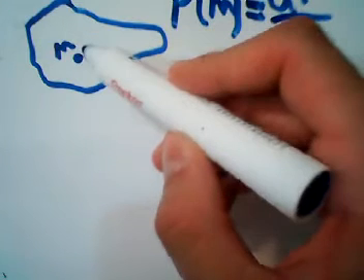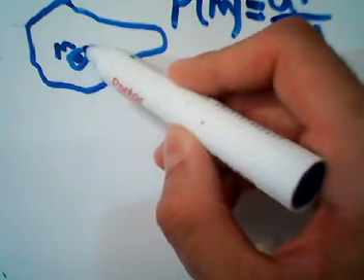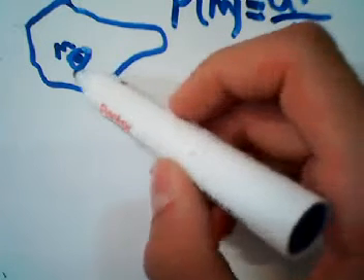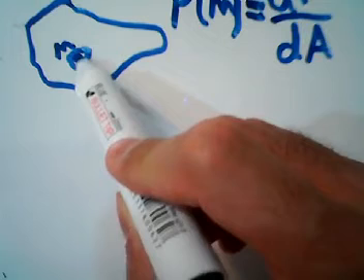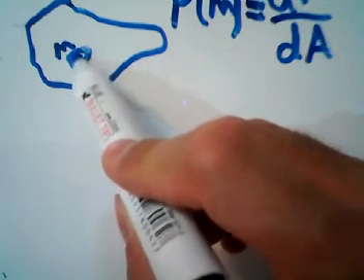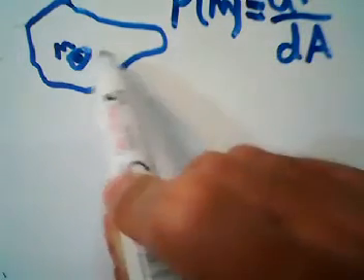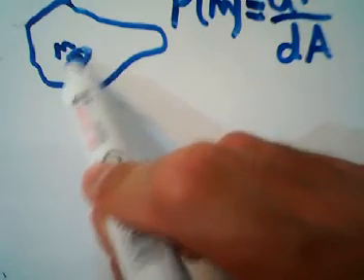Means take an infinitesimal area containing M, and the pressure would be the amount of force applying on this over the area of the infinitesimal surface.